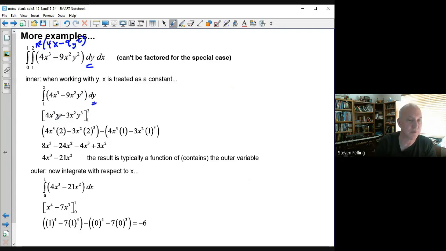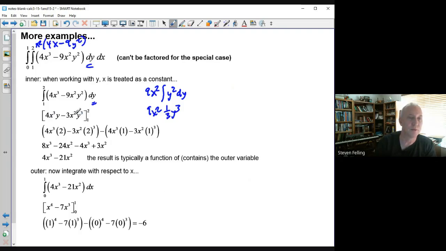And then here, this 9x squared part is a constant, but when you do the antiderivative of y squared, you get 1/3 y cubed. So you have 9x squared times 1/3 y cubed, and that's why I have 9 times 1/3, which drops this constant to a 3. We still have the x squared, but now we have y cubed.